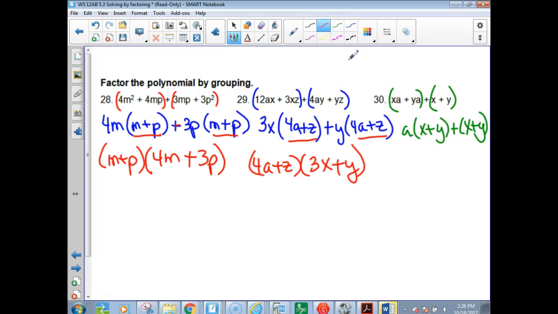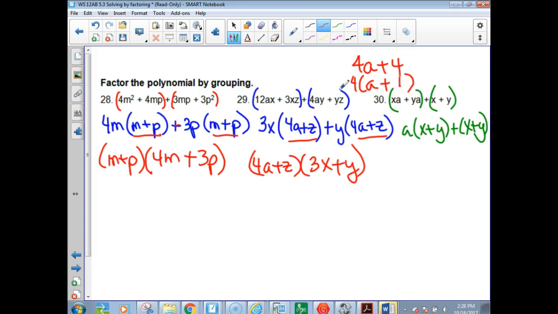Now, I just want to remind you of something. If I had 4a plus 4, you would factor out a 4 and tell me to write a plus 1, right? So what I'm trying to get at is you can't ignore the 1. It doesn't disappear.